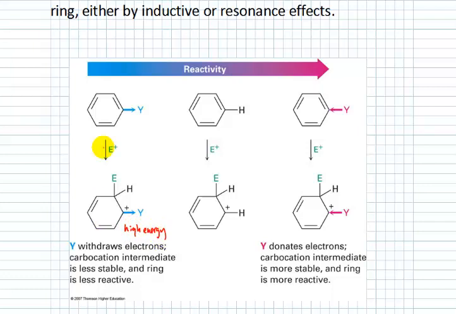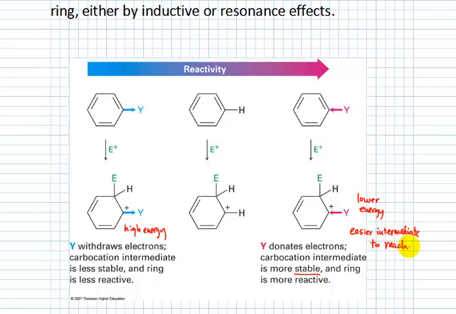Okay? There's a big barrier to get to that, so that's going to be pretty slow. Whereas if overall I'm donating electron density in, that will stabilize the carbocation intermediate. That'll be lower energy than the other one. It's an easier intermediate to reach.